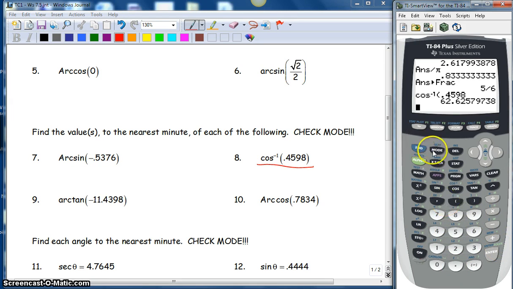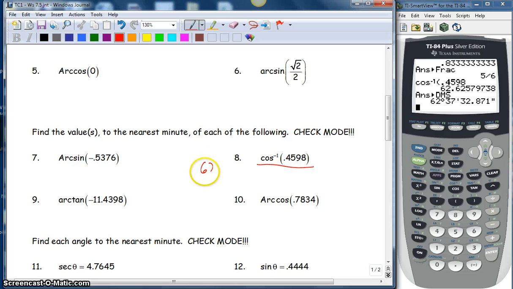We hit enter. We go to degrees, minutes, seconds, which is number 4. So we have 62 degrees, 38 minutes, it rounds up because of the 32 seconds, and then I have to figure out the other angle. So real fast, 62 degrees is about there. The other one, positive cosine is quadrant 4, so it's down here. So basically it's 360 minus this reference angle I just found.